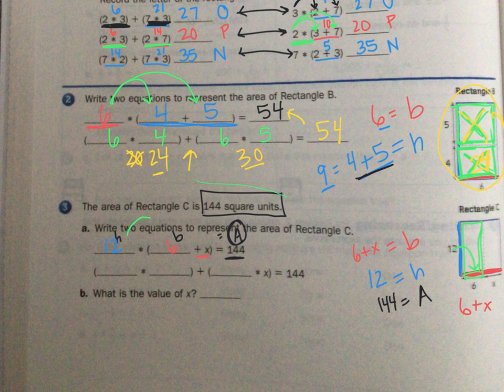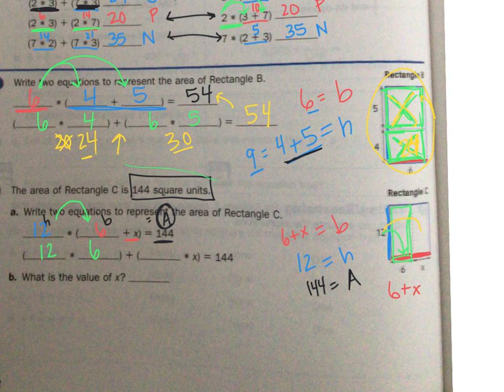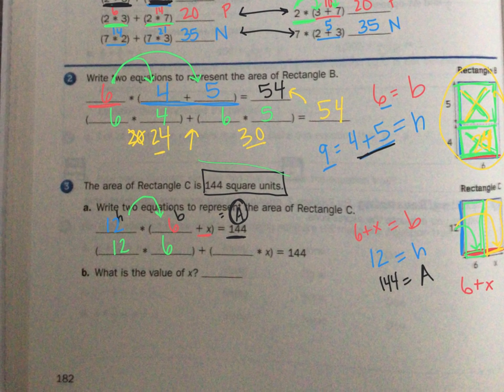Which looks like this when I write it out as an equation. 12 times 6. And then I could find my other part over here by taking the 12 times the x.